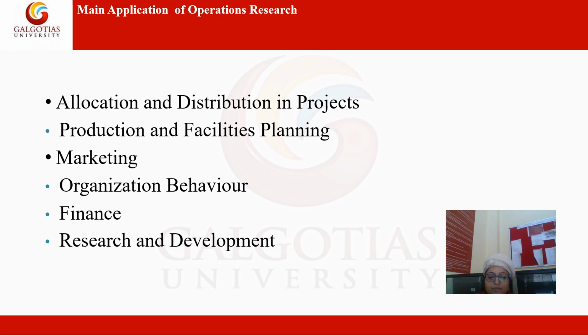The next is production and facilities planning. In production and facilities planning, the first thing is that we need to estimate the number of facilities which are required. The next is preparation of the forecast for the various inventory items and the computation of the economic order quantities. Along with that, the reorder level.